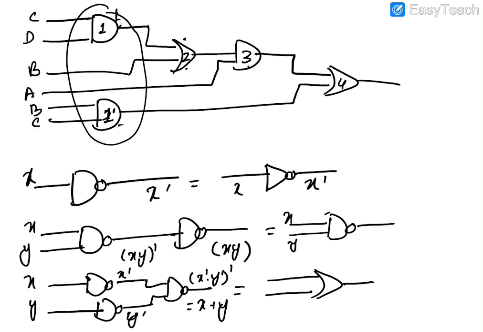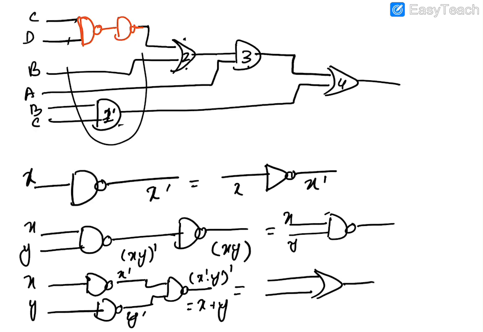Okay, so what we will do is we will replace every logic gate with its equivalent NAND gate. For example, we will eliminate this gate number 1, and we will draw its equivalent NAND logic, which is basically two NAND gates in series.